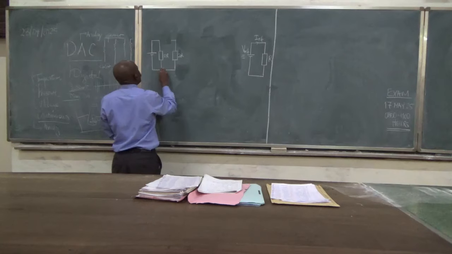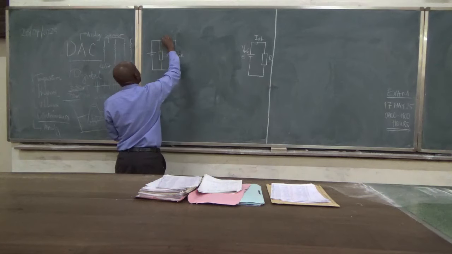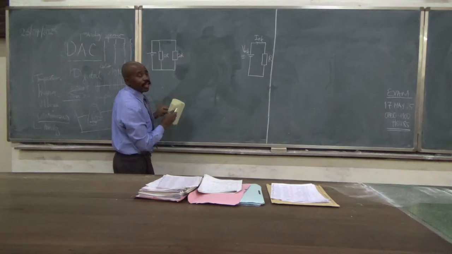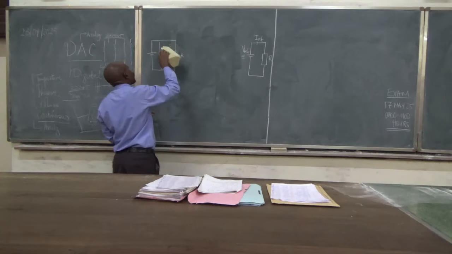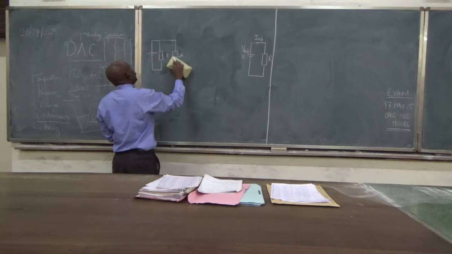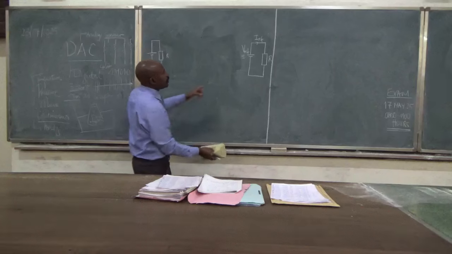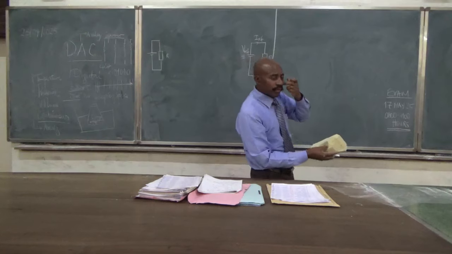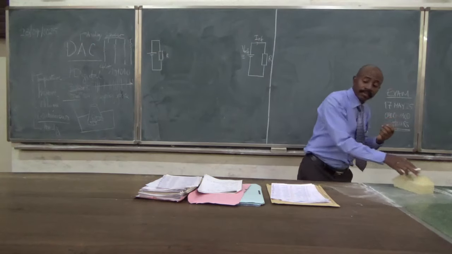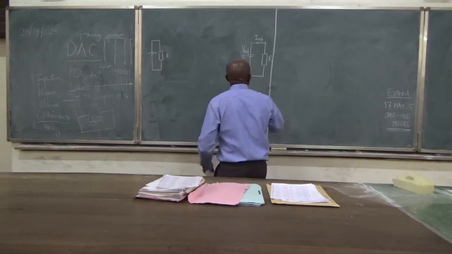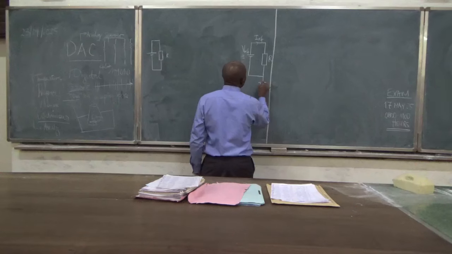And then this one becomes R. So this is how I end up with this one. So you can see the ladder makes life a little bit easier. And then of course here we have the grounding.